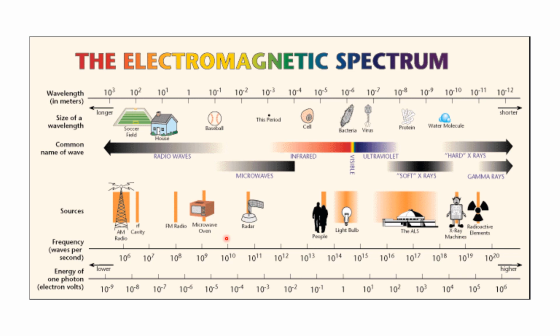Sa microwaves naman, ang example natin dito ay radar. For infrared, we have people. For light bulb, this is an example of visible light. Ultraviolet, an example natin dito ay ultraviolet rays coming from the sun. For soft X-rays, we have the ULS. And then hard X-rays, X-ray machines, gamma rays, mga radioactive elements.